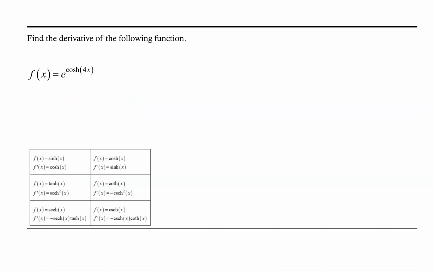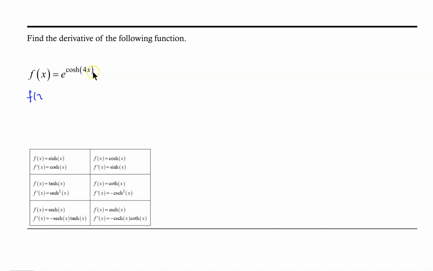Now let's look at finding the derivative of e to the cosh of 4x. So we will be using the chain rule to help us find this derivative. Notice that our exponent for our exponential function is more than simply x. So let's go ahead and get started.